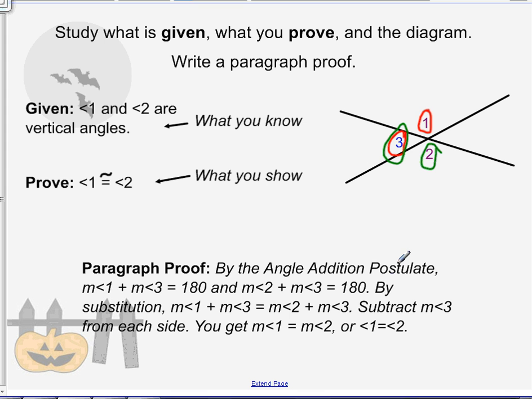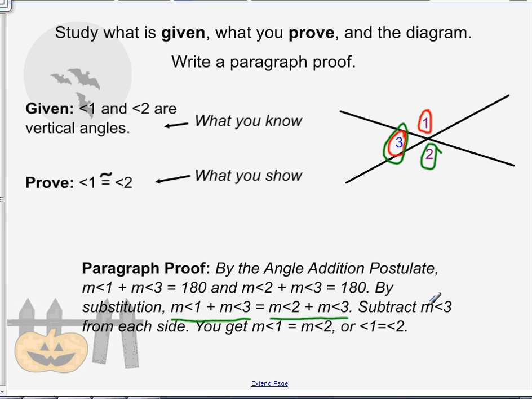So by substitution, okay, we can actually create this equation right here. So we know that the measurement of angle 1 plus the measurement of angle 3, which is what was up here, and the measurement of angle 2 plus the measurement of angle 3 both equal 180 degrees, so they actually equal themselves.